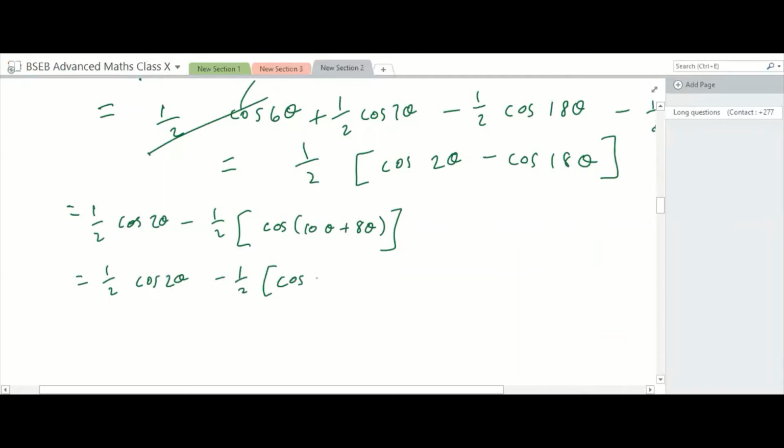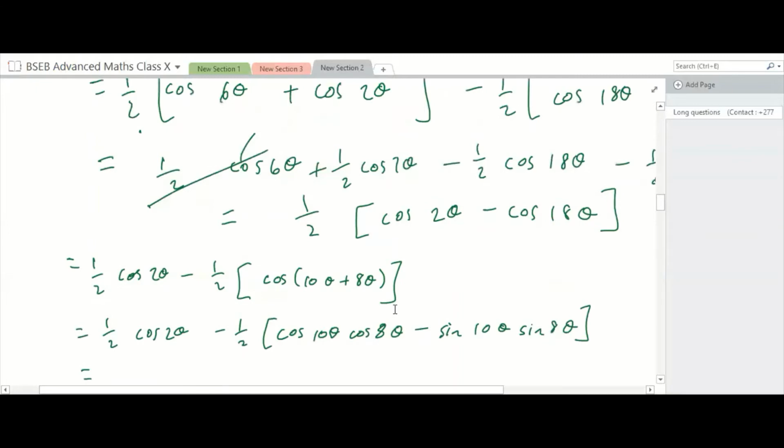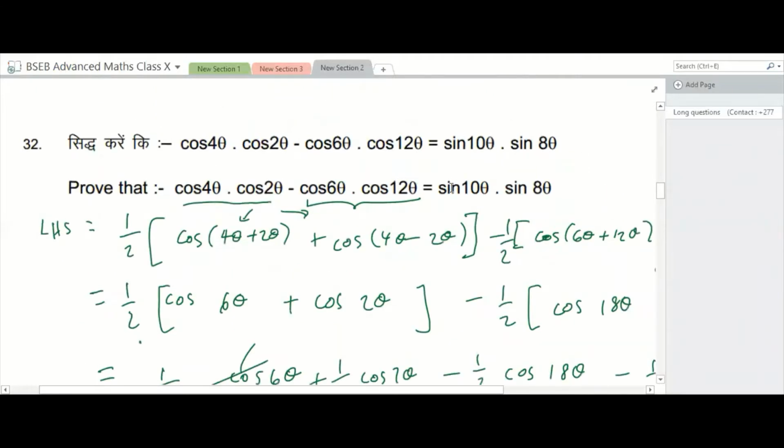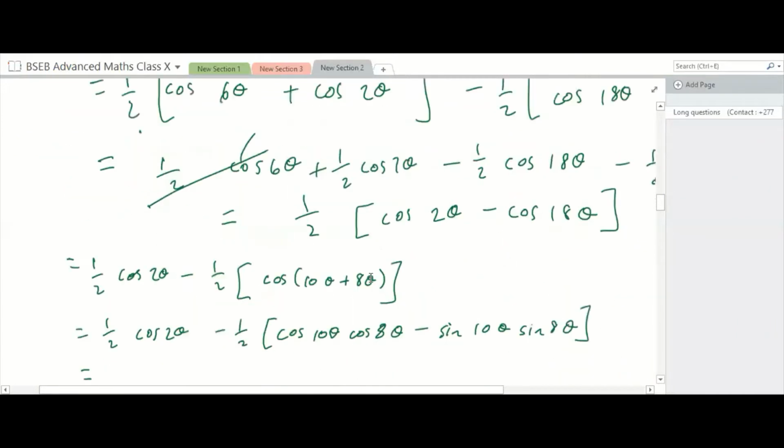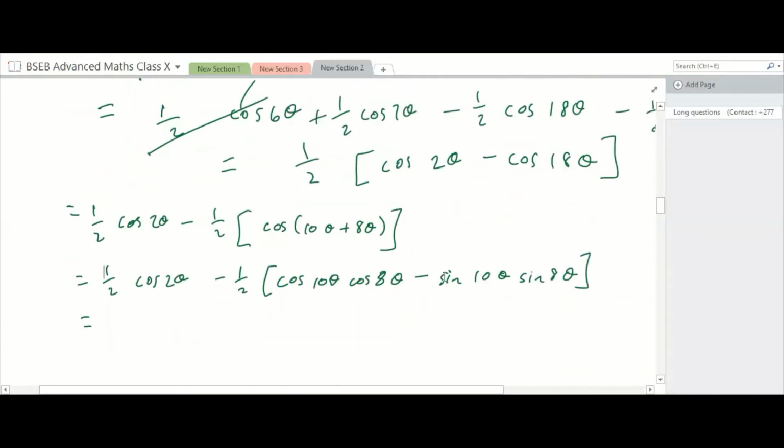into cos 10 theta cos 8 theta minus sine 10 theta sine 8 theta, which is equal to... so we have sine 10 theta sine 8 theta in here, and this is cos 10 theta cos 8 theta, and this is half cos 2 theta.